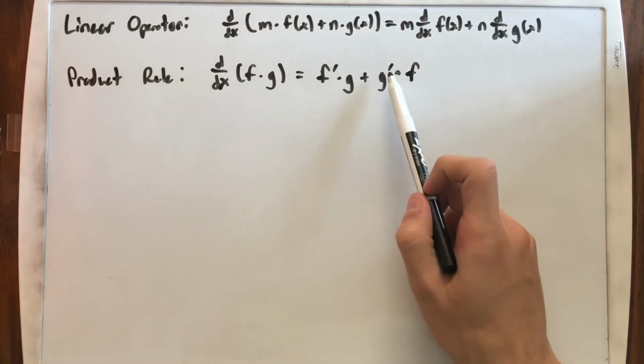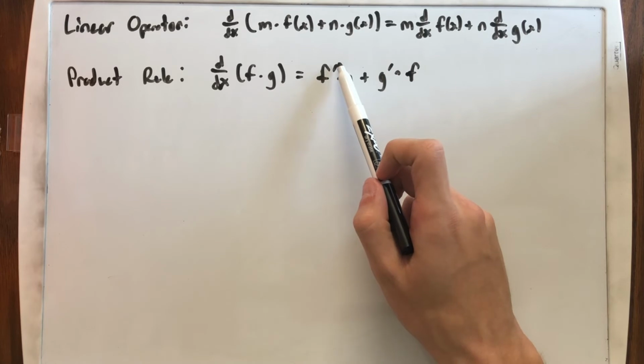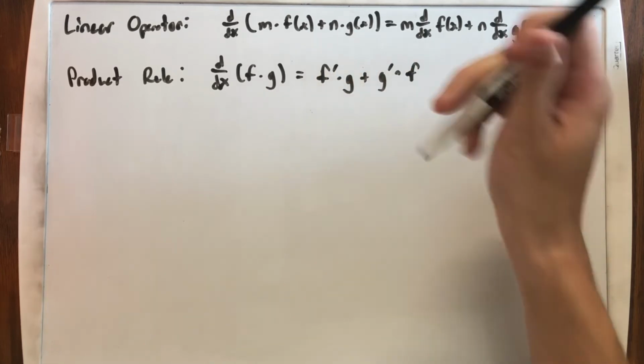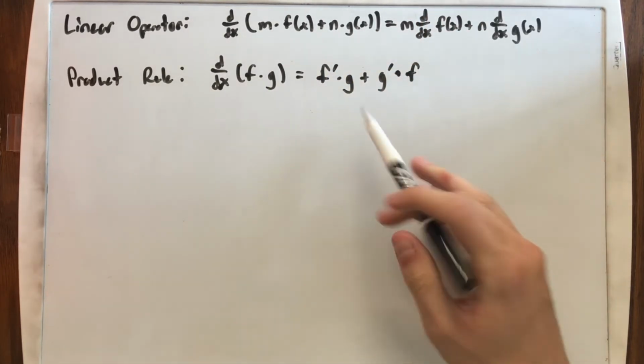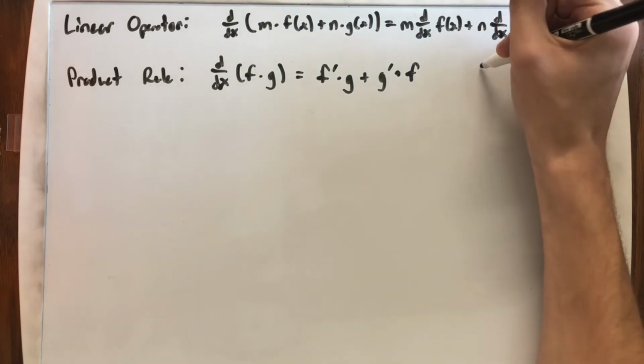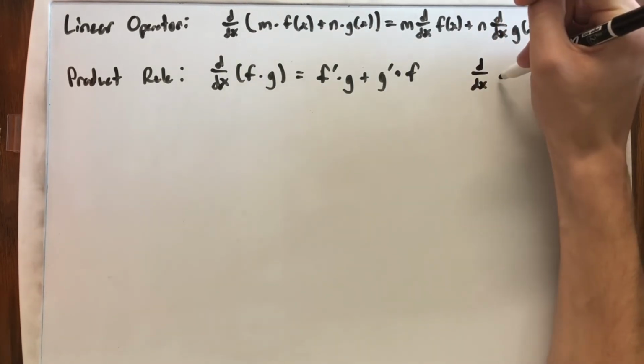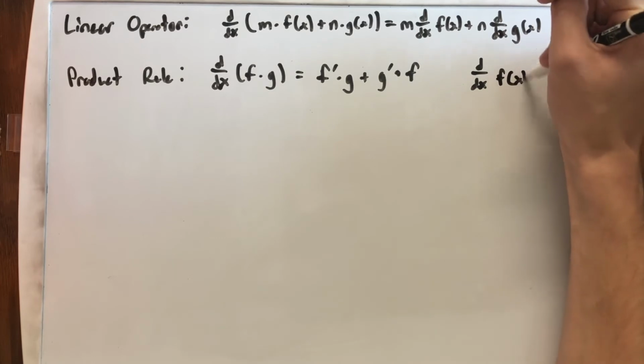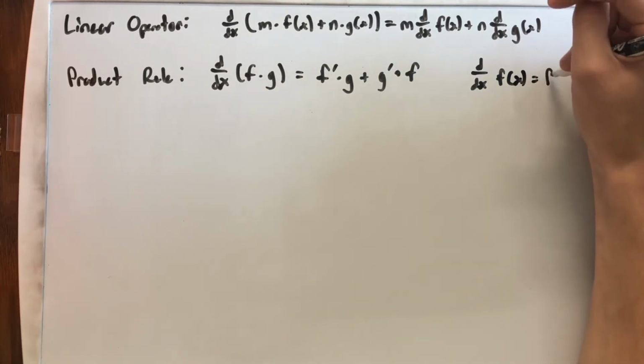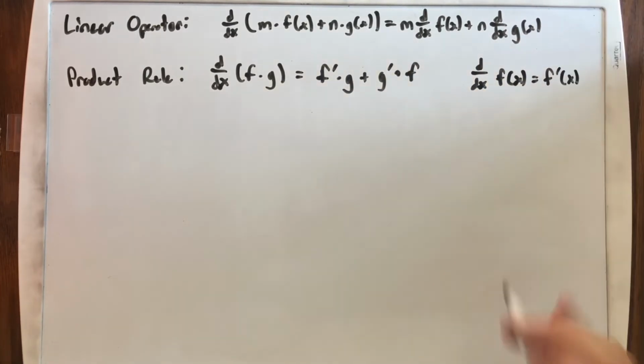Now, this little apostrophe notation, prime, is what you call it, is another way to write the derivative. So d dx of f of x can also be written as f prime of x.